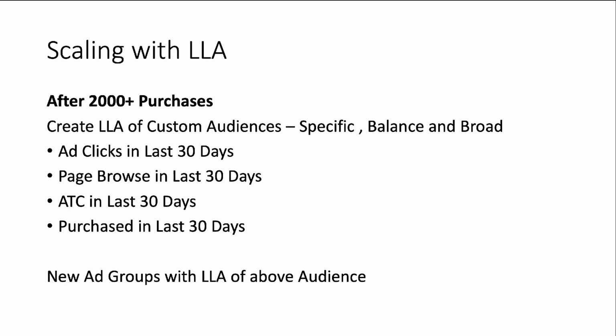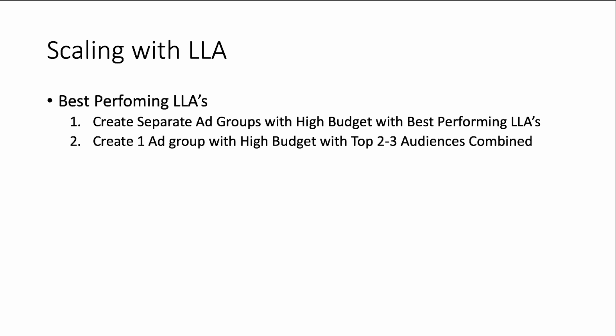Now after you find what audiences are working best for you, you move on with scaling with LLA. Let's say you found out top three audiences that work best for you. Now you create separate ad groups with a very high budget with these three best performing lookalikes.